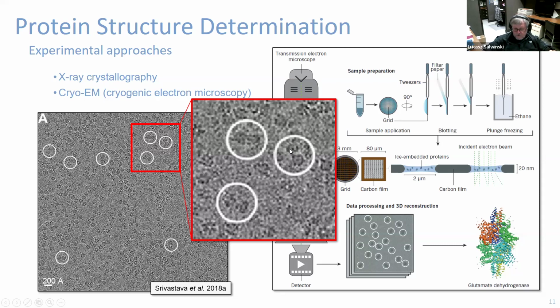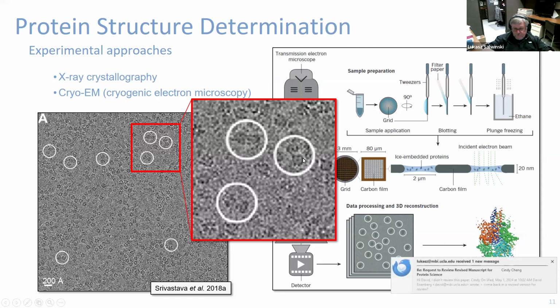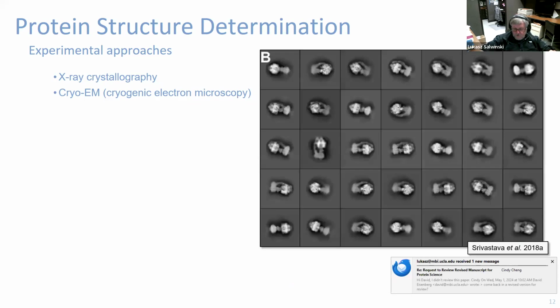There's a very low contrast between an individual particle and the background, but you can use a computer to collect images that look similar and stack them and average them together, and then you end up with so-called 2D classes, and that's what's shown here.